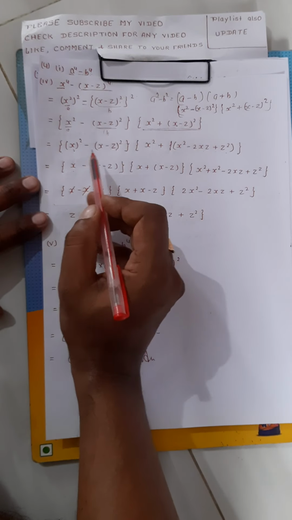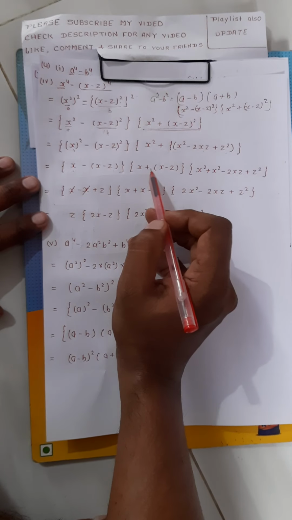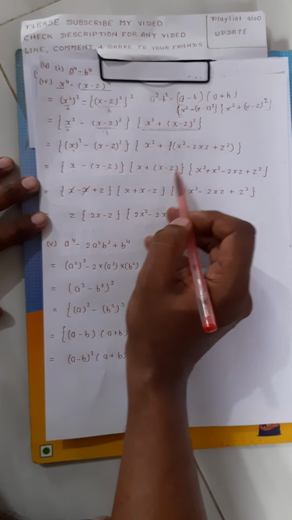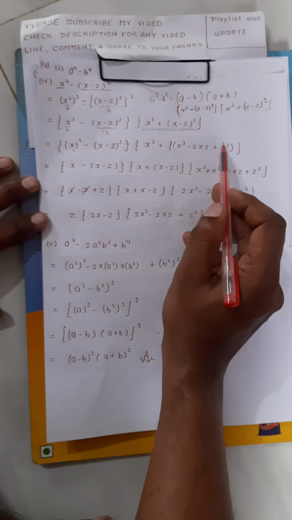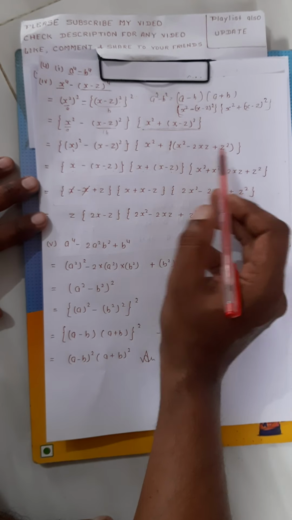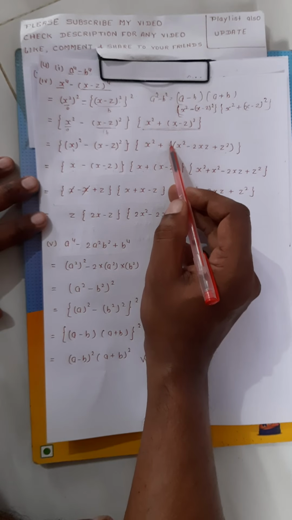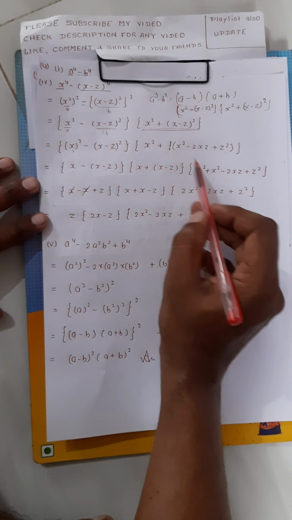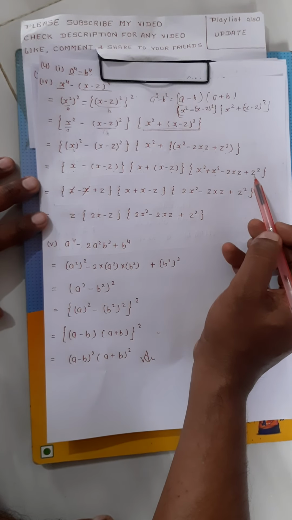The value of a is x and the value of b is x minus z. So x minus (x minus z) or x plus (x minus z). Its value will be a minus b and a plus b. Now the value of this will be x plus, and this bracket we will remove from here, because there is no common factor outside the bracket, so we can directly remove it, and directly we will write x plus x square minus 2xz plus z square.